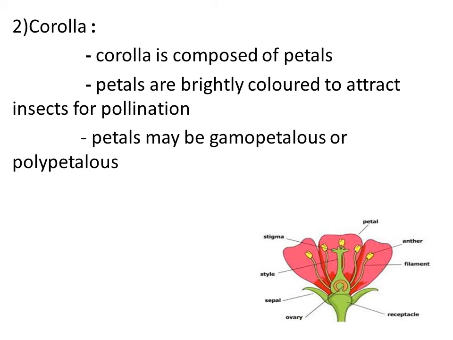When the petals are fused with one another, such a condition is called gamopetalous. Gamopetalous is nothing but fused petals. One more condition is polypetalous. Poly means free petals. When the petals are free, not united with one another, such a condition of petals in the corolla is called polypetalous.